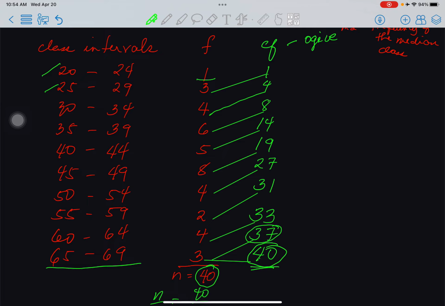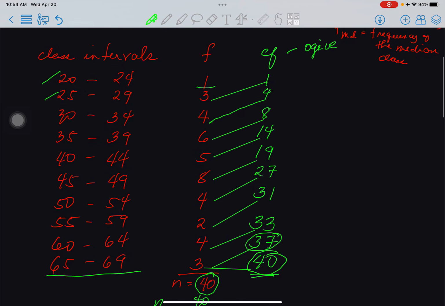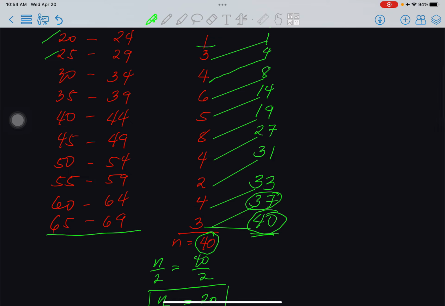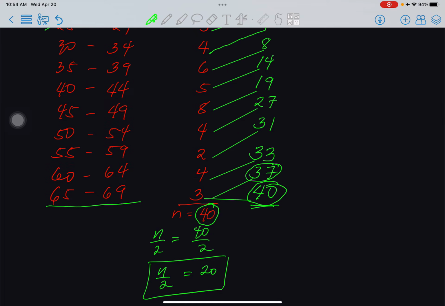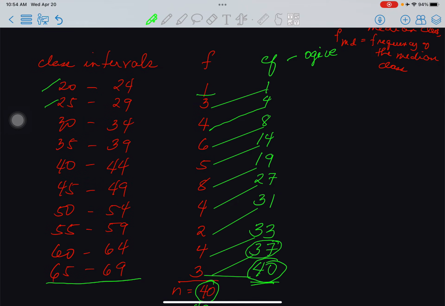Now we are going to find our median class. What is our median class now? Remember that in determining your median class, we consider your n over 2. Here we have 20, right? Since n over 2 equals 20, your median class lies here.